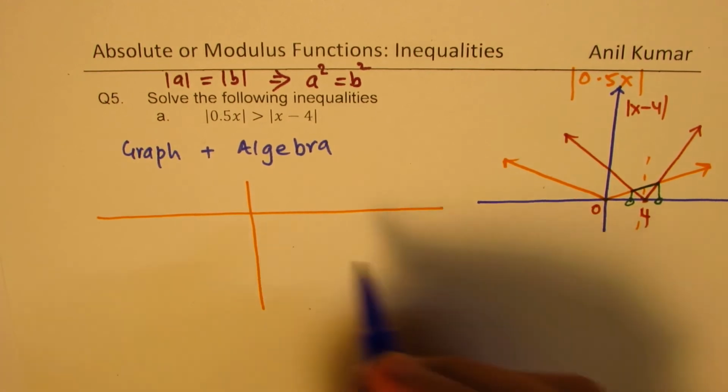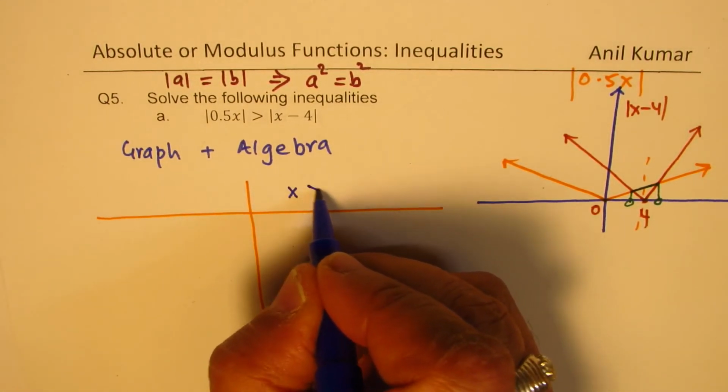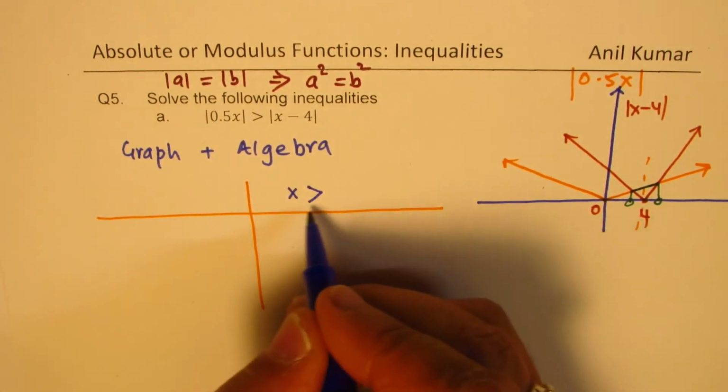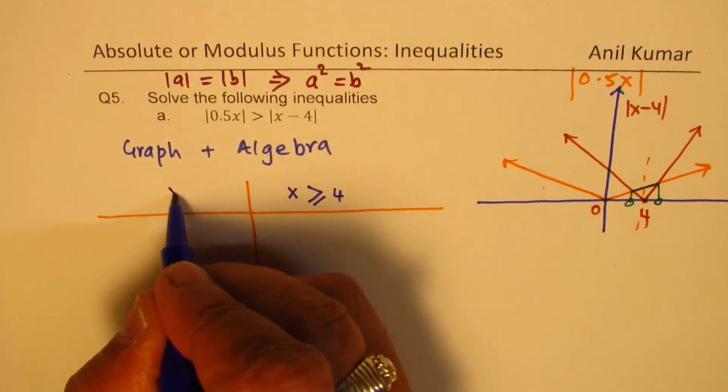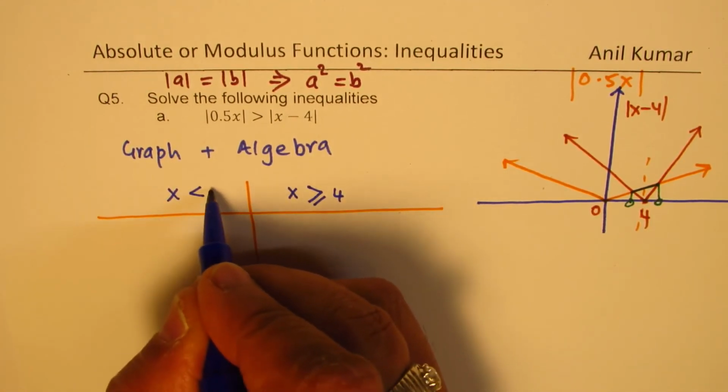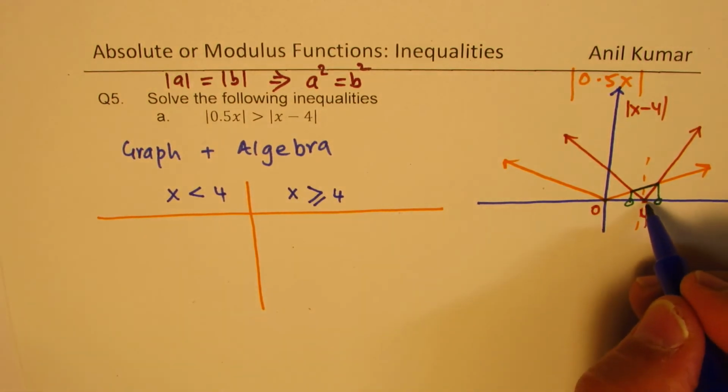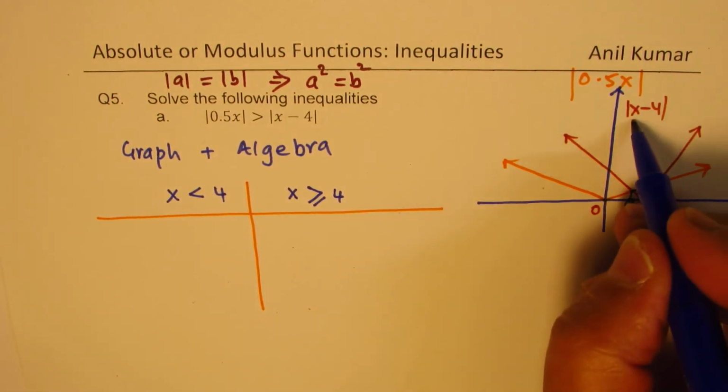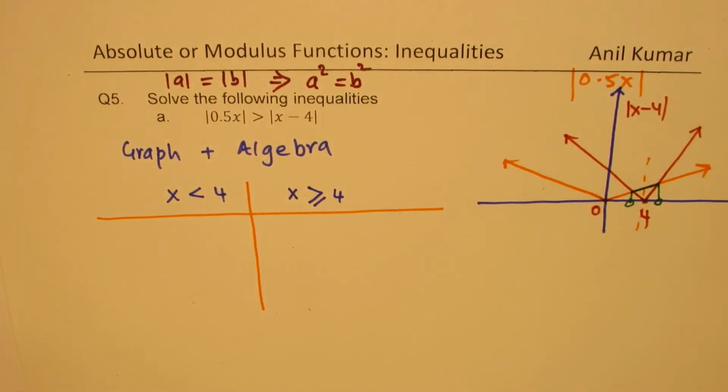So I'm looking at x greater than or equal to 4, or x less than 4. So these are the 2 intervals. We know the graph of the absolute value of x minus 4 is different on each.